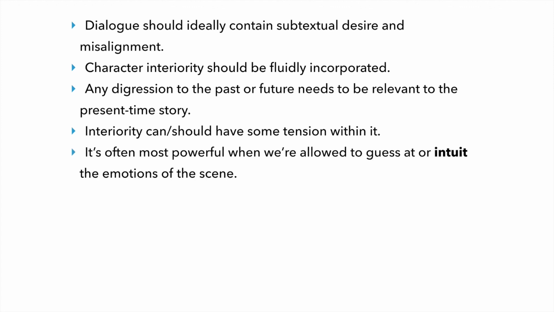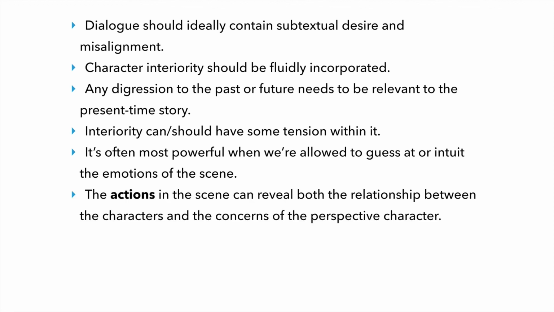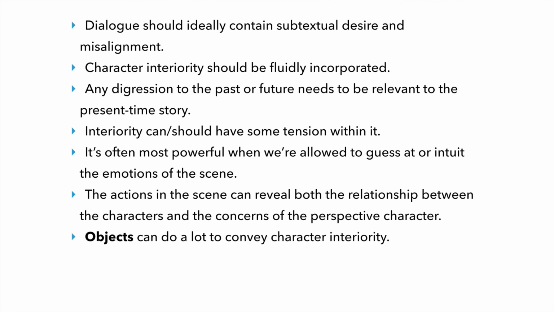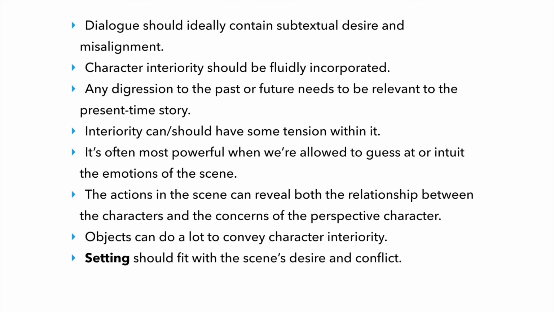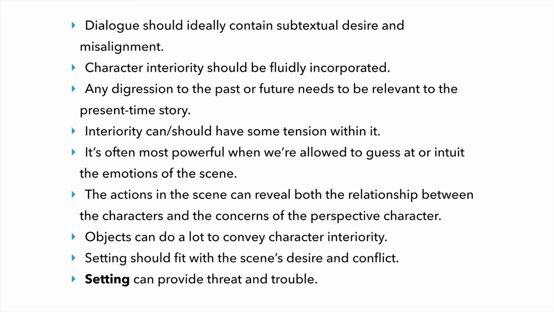It's often most powerful when we're allowed to guess at or intuit the emotions of the scene. The actions in the scene can reveal both the relationship between the characters and the concerns of the prospective character. Objects can do a lot to convey character interiority. Setting should fit with the scene's desire and conflict. And setting can provide threat and trouble.